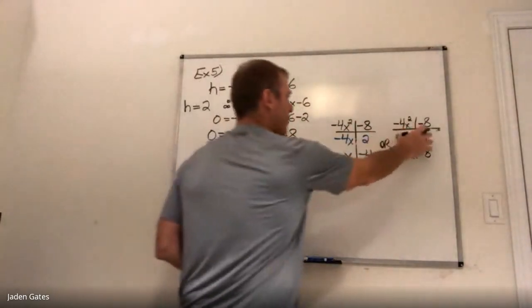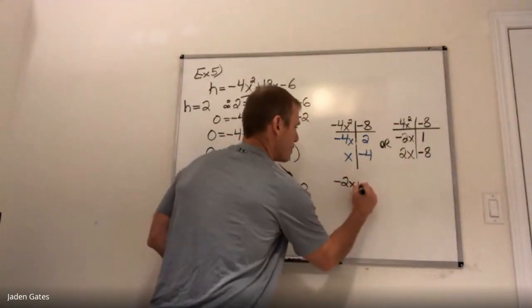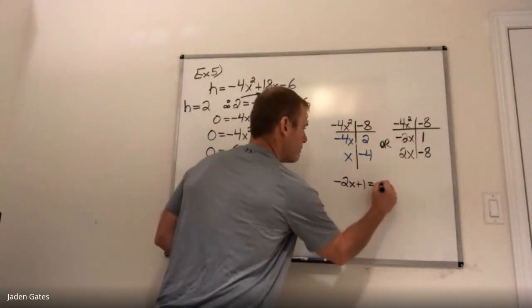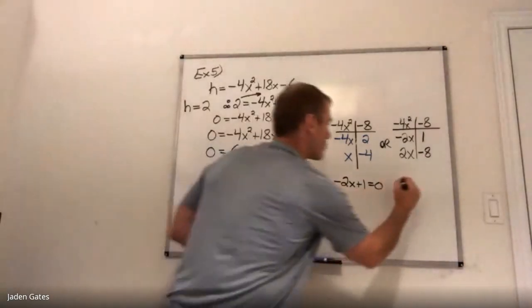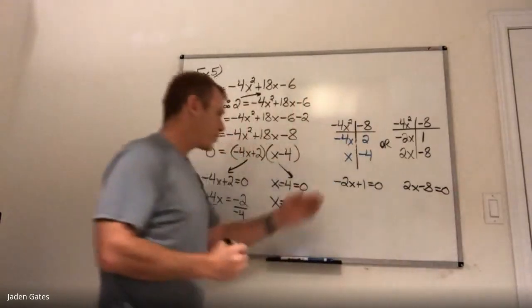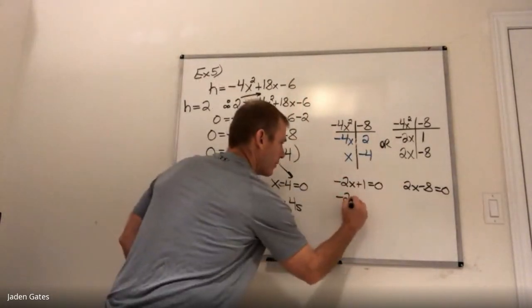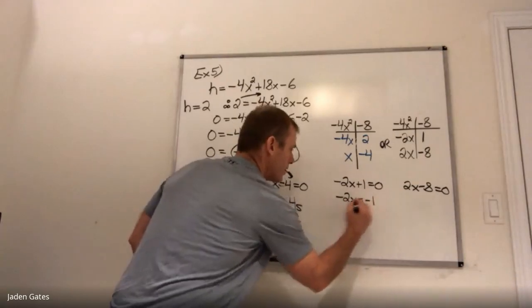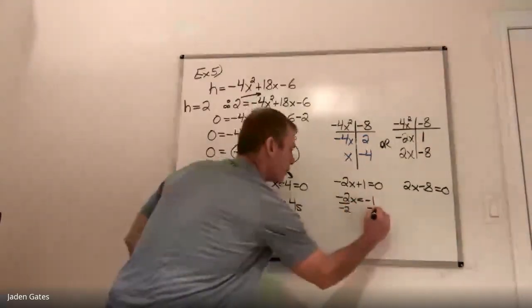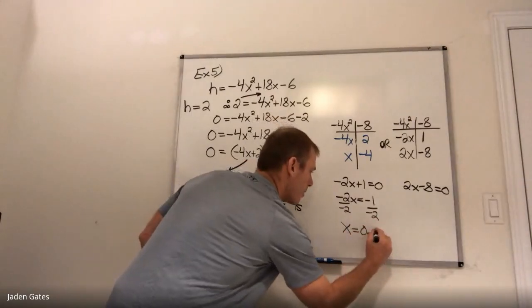If I had this table here, my first equation would be negative 2x plus 1 equals 0, and then I'd have 2x minus 8 equals 0. If I solved these two equations, I could bring the 1 over to the other side, and it'd be a minus 1. Divide both sides by my numerical coefficient, and again I would get x equals 0.5.